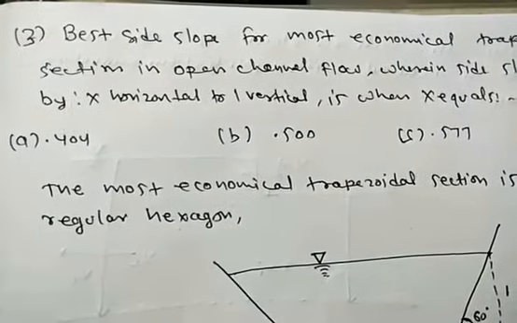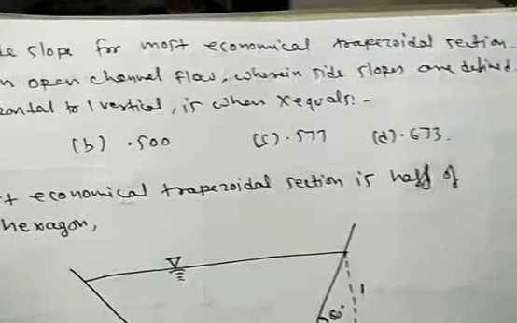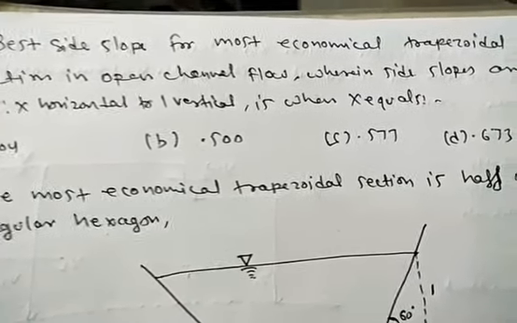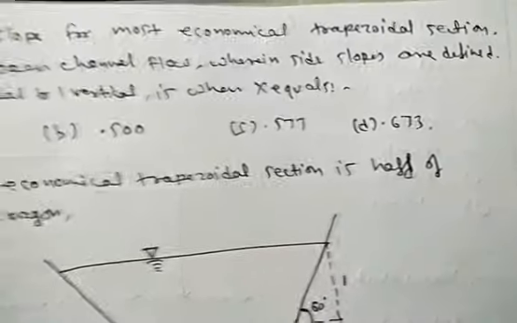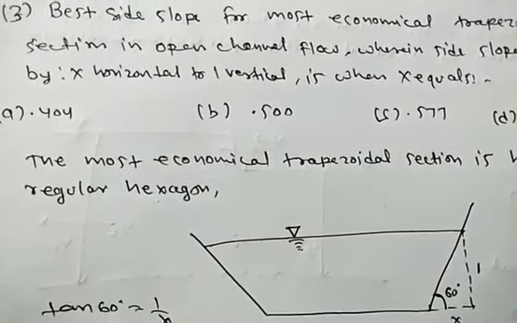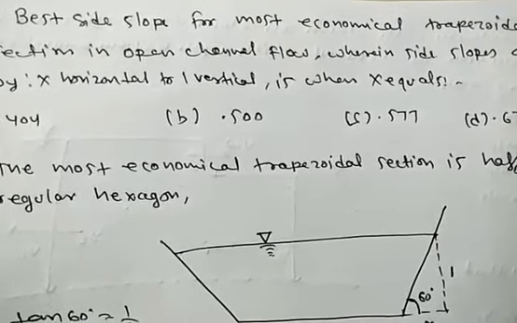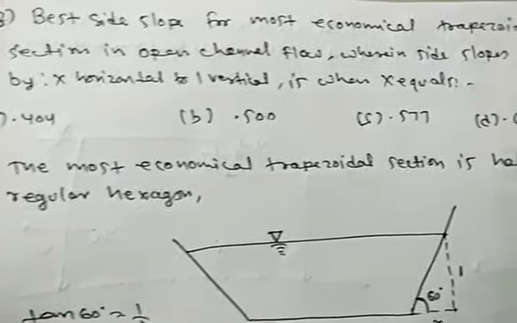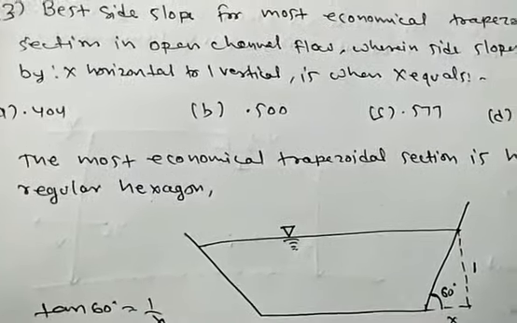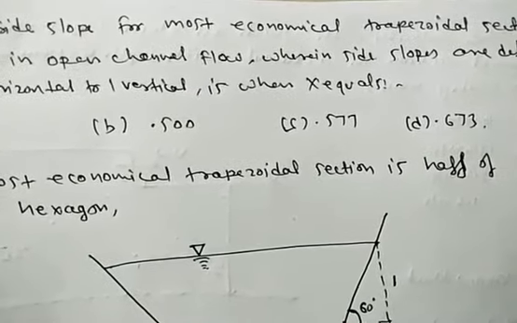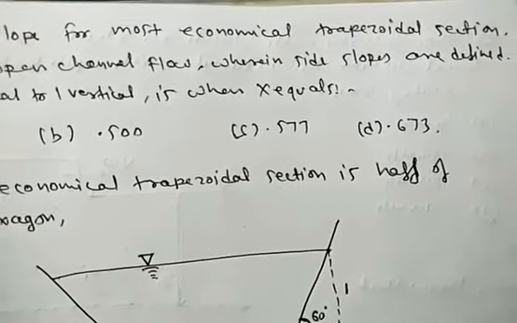Best side slope of most economical trapezoidal section in open channel flow, when side slopes are defined by x horizontal to 1 vertical, is when x equals: option A 0.404, option B 0.500, option C 0.577, and D 0.673.